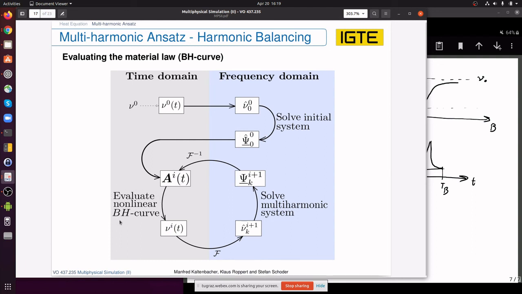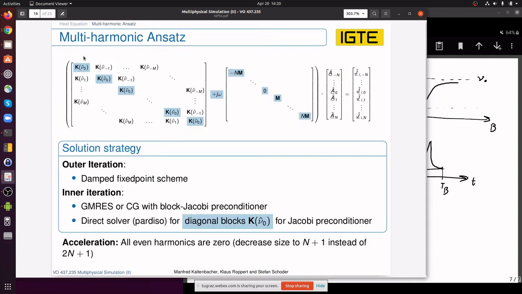Then we evaluate the BH curve, we evaluate the nu of B curve. We get the nu time signal. We Fourier transform, or FFT, the time signal of the nu, and get the harmonics of the magnetic reluctivity that we're using to assemble this system here.